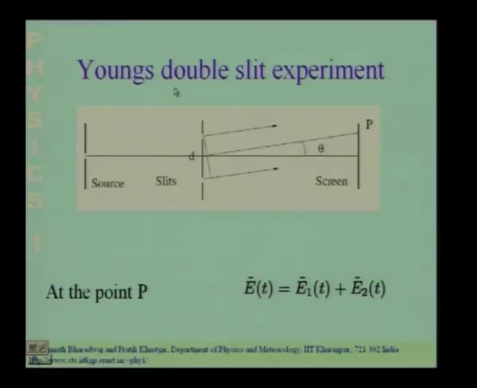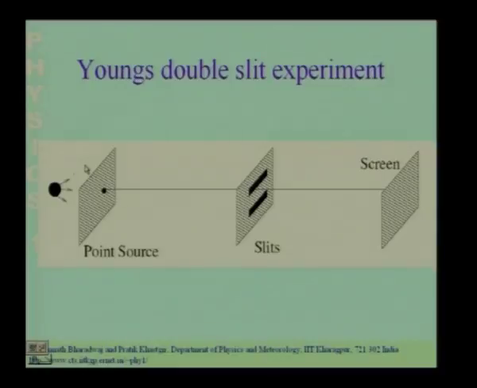Go back to the Young's double slit experiment apparatus, which we had started discussing in the beginning of the previous lecture. The point which you should note is that we had assumed that we have a point source, and the point source was achieved by taking a screen which is illuminated by a bulb or something like that, and making a very small hole on this screen.